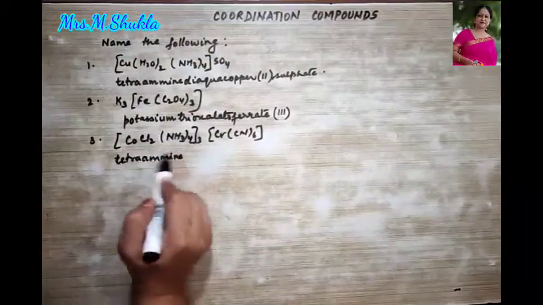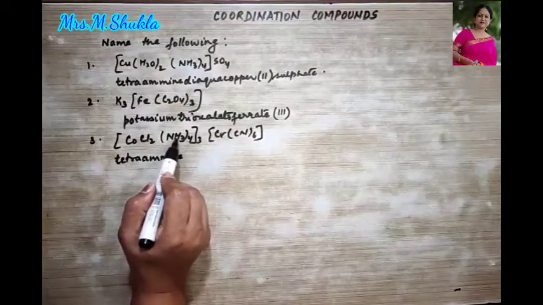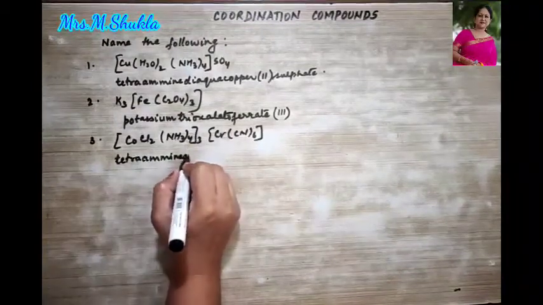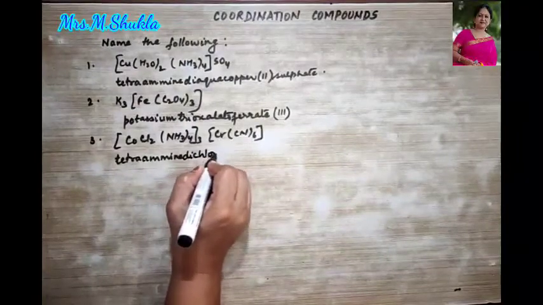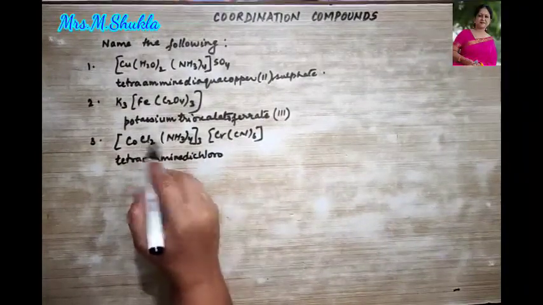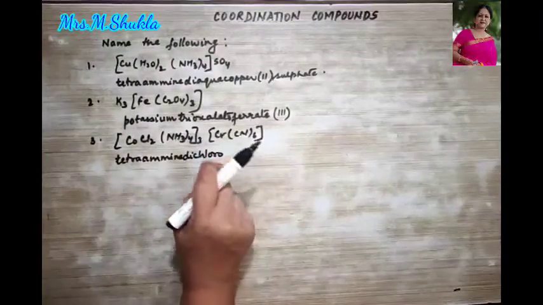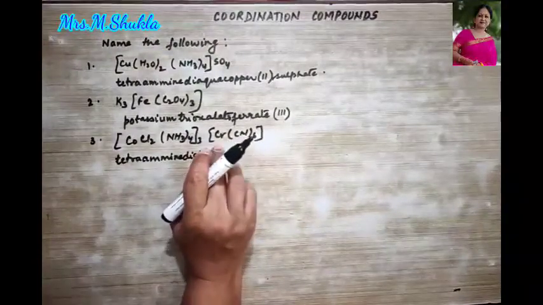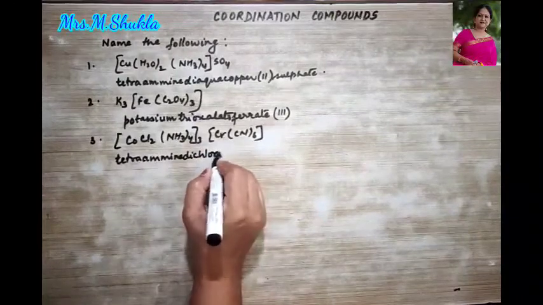First we are going to write down the name of this part. Tetraamminedichloro. Now, chloro it will be or chlorido? It is inside the bracket, no? So it will not be chloro. What will it be now? Chlorido.